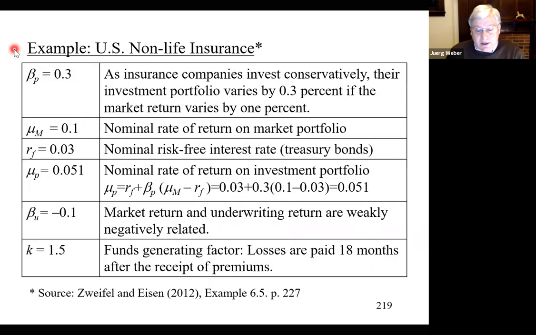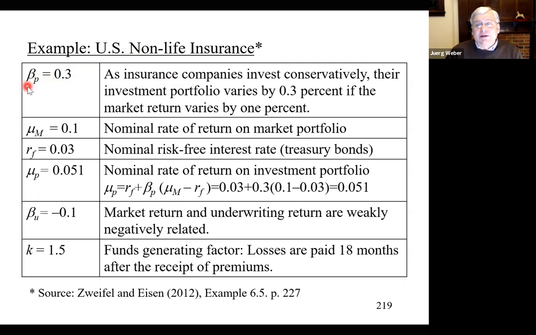Now we have here a few numbers. That's out of the Zweifel and Eisen book. So it's American data on American non-life insurance. So it's property insurance. Now, insurance companies invest conservatively, so their beta P is relatively low.